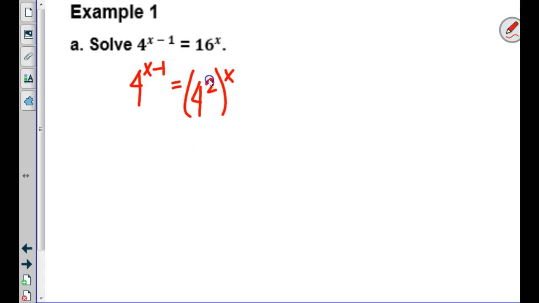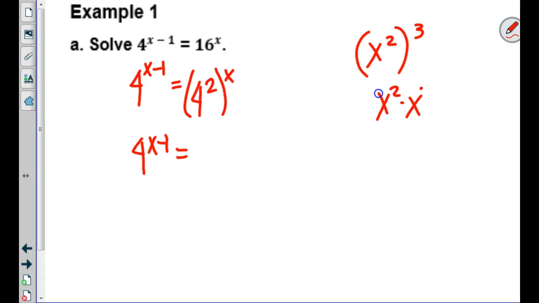Okay. What does this mean to do with those powers? Oh, guys, you're scaring me. If I have x cubed 3 times, it means x cubed times x cubed times x cubed, which is how many? So what did I do with those? Multiplied. So this is 4 to the 2x.